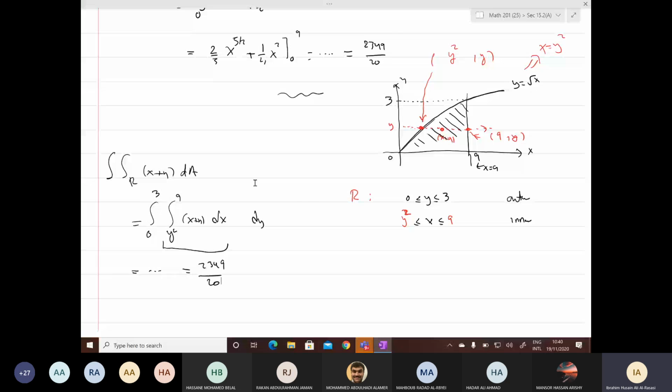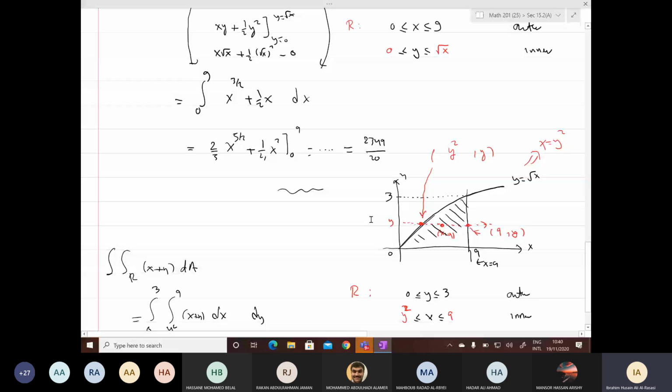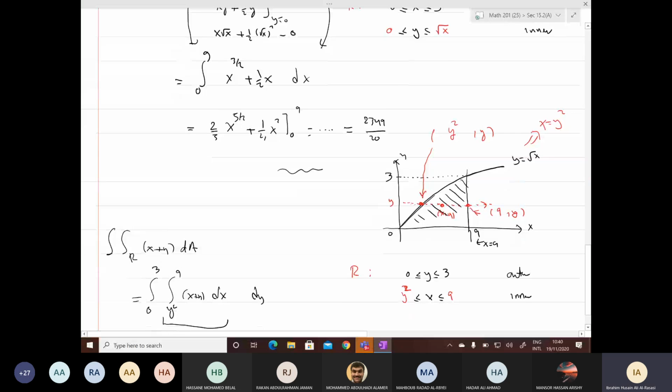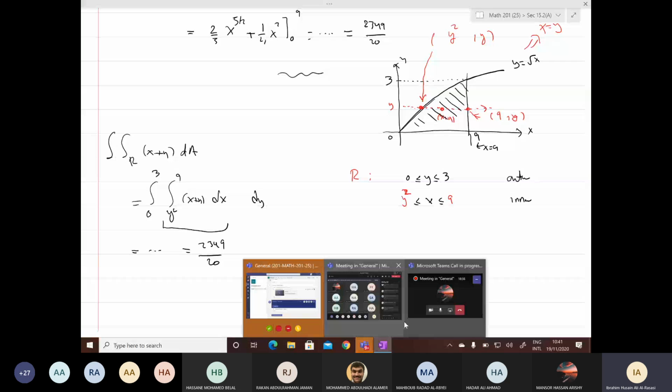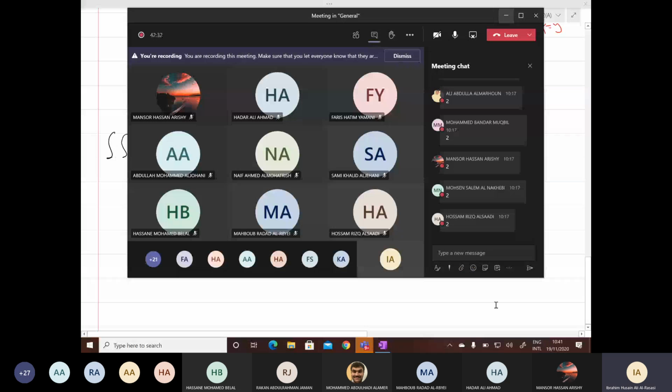If I choose the y interval, then for x I have to go in the x direction, left to right, left curve, right curve. This is how to do this calculation. If it is clear, this is one example here. If it is clear, please write 3. If you have a question, you can ask now.